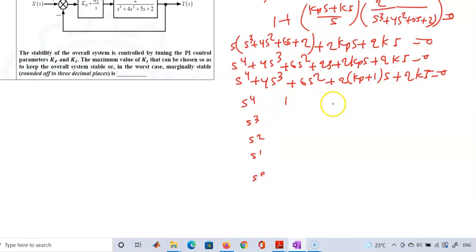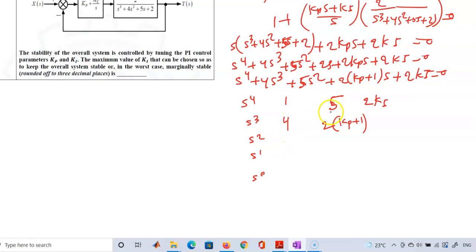So 1, then 5, then 2 Ki. Then s cube is 4, then 2 into (Kp plus 1).